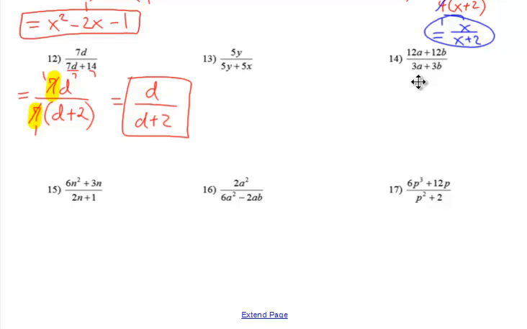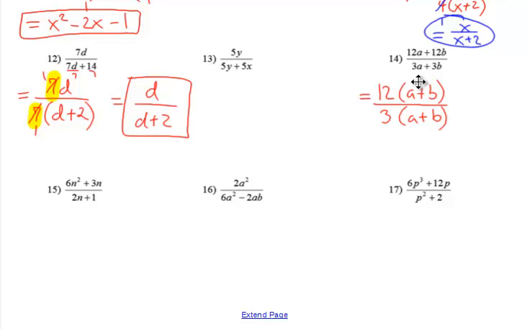Okay? Now, as we look at number 14, we want to see, hey, is there anything I can factor in the numerator as well? And what do we have? We got a GCF up there of 12. So I have 12, and then it's going to be a plus b. What's the GCF in the denominator? 3a and 3b. Well, 3 is the common factor, and here it is now, a plus b.